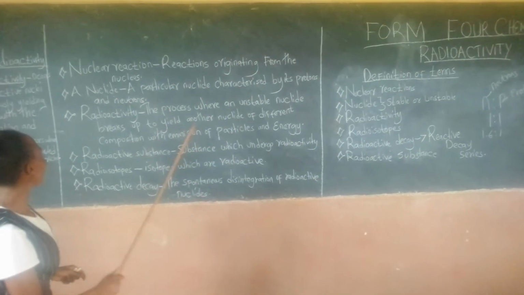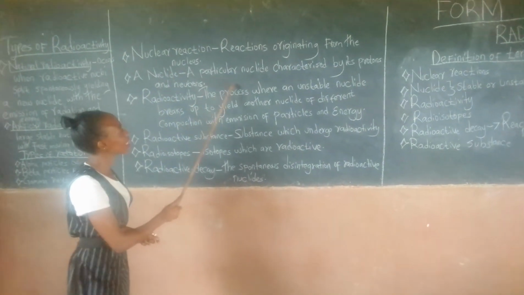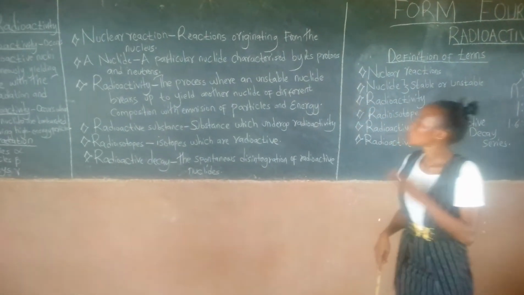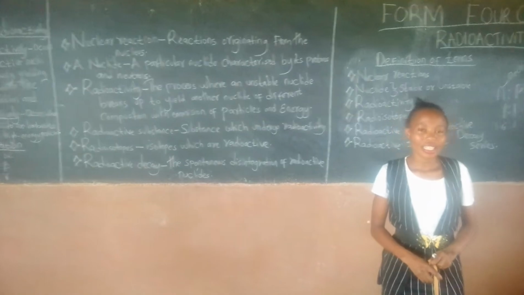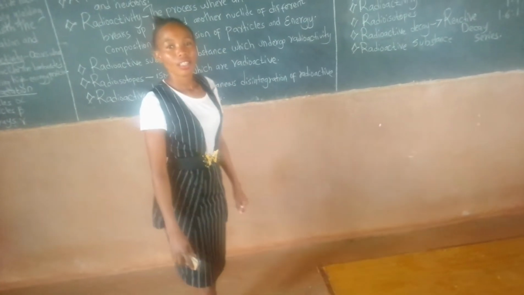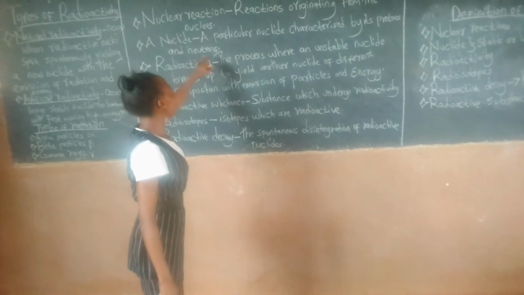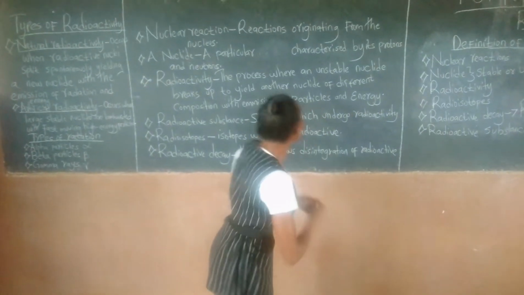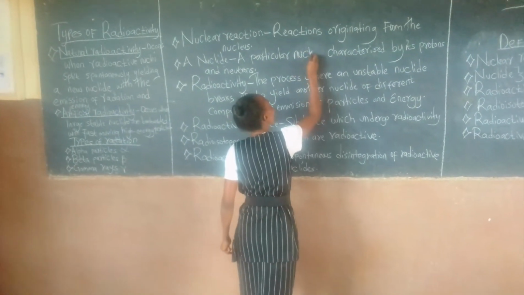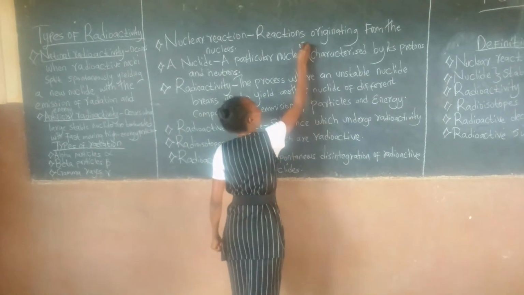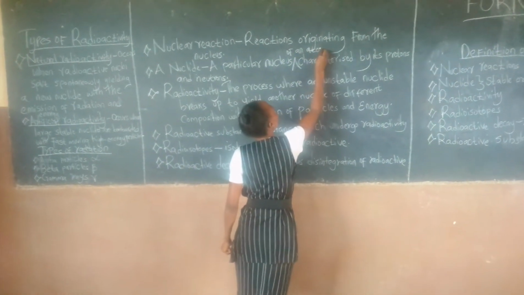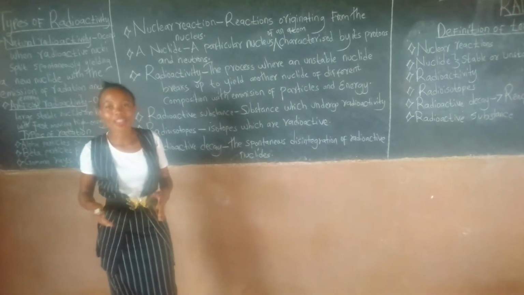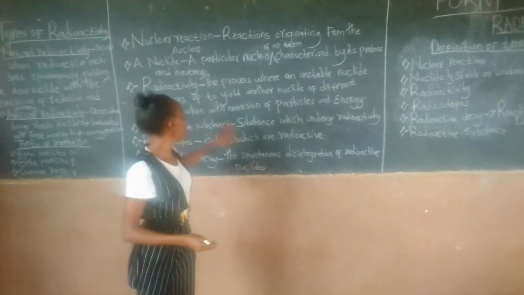So a nuclide, what are we saying is a nuclide? A nuclide is a particular nucleus of an atom that is characterized by its protons and neutrons.